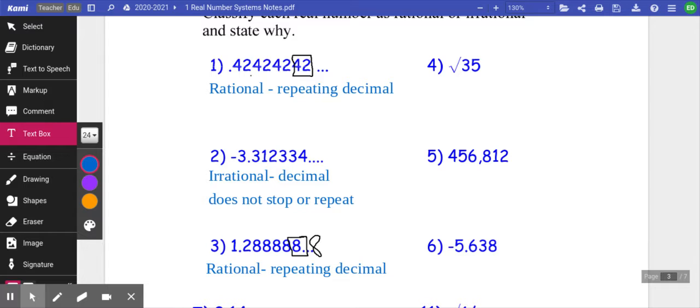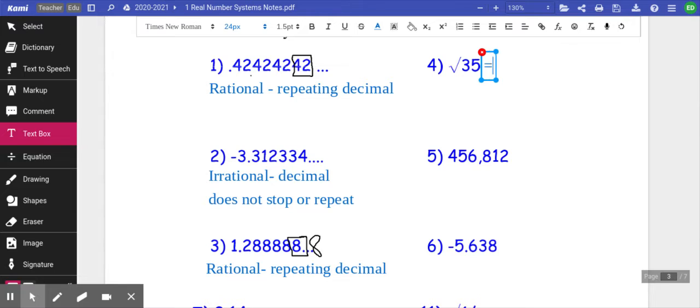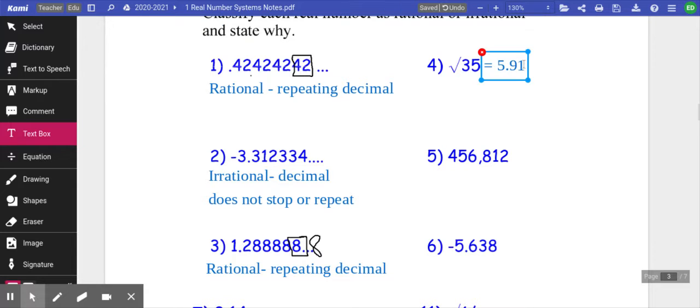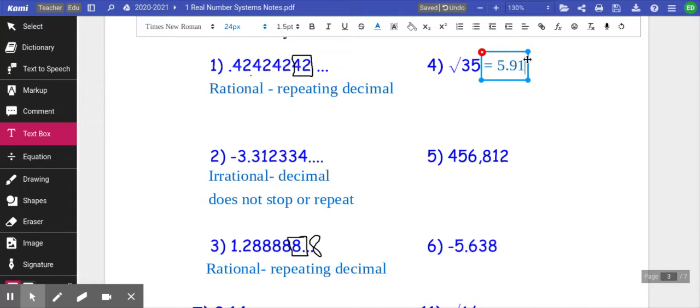So if it stops and it's filling up that screen of all these different numbers, it's going on forever. So what we're going to do is put what this is equivalent to: 5.91607, and then an ellipsis to symbolize that it's going on forever.